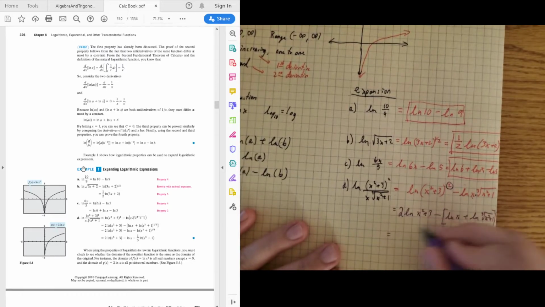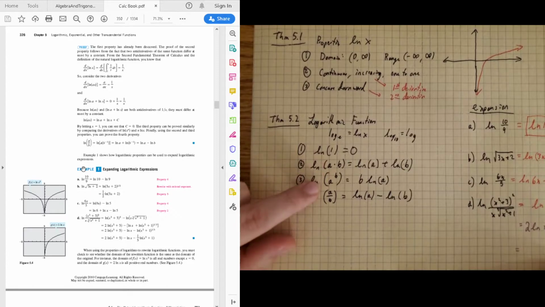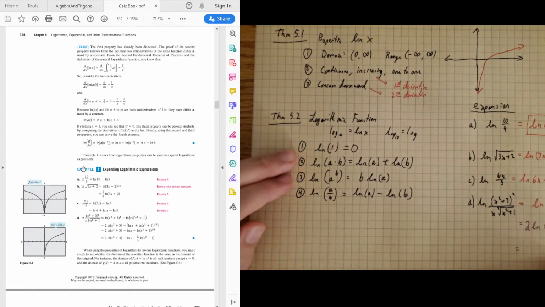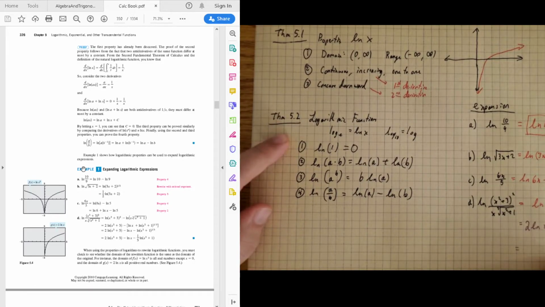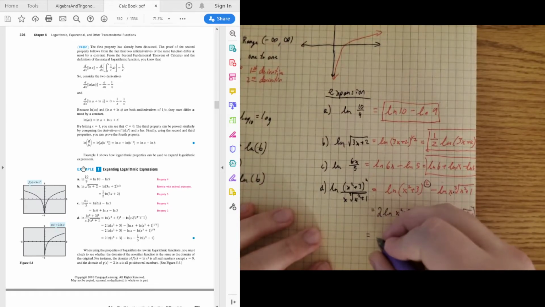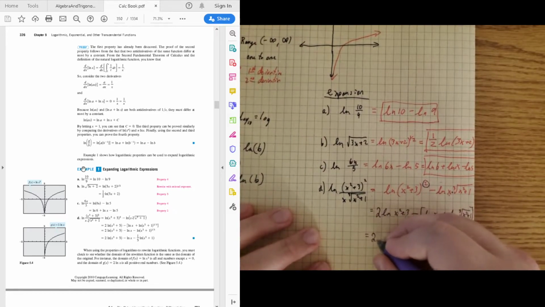Now this first one has nothing left to do, because I have x squared plus 3. The plus is separating these two terms. Since there's not just multiplication, or just a power being applied to the entire interior, I cannot use 2 or 3, and there's no division, so I can't use 4, and there's no 1, so I can't use number 1. So this first term is completely expanded: 2 ln of x squared plus 3.